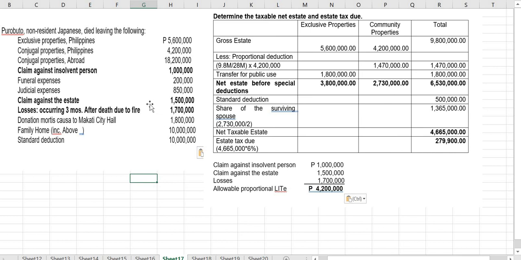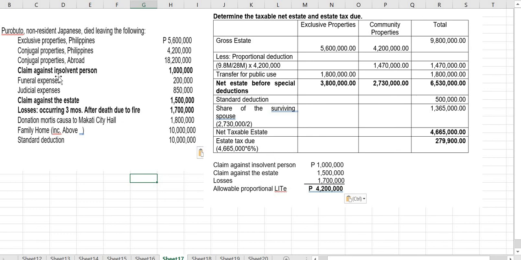We have here exclusive property of 5.6 million, community properties 4.2 million, therefore the gross estate is 9.8 million. Then we have, right, allowable deduction per rate between the Philippine gross estate and the world gross estate, but not all deductions are to be prorated.